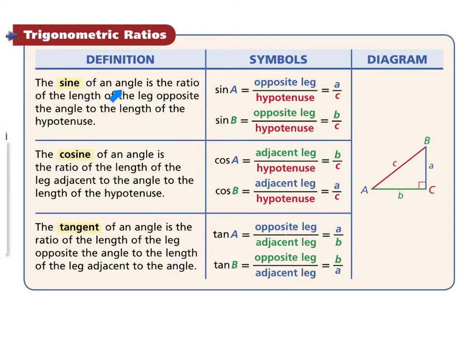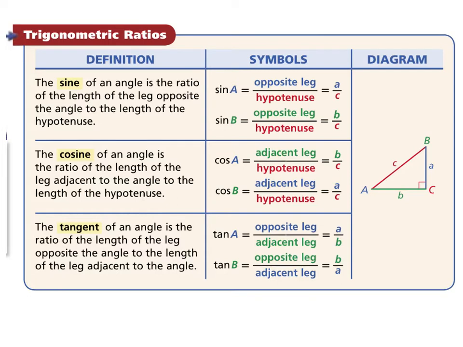The sine of an angle is the ratio of the length of the leg opposite the angle to the length of the hypotenuse. So sine is opposite over hypotenuse. Cosine is the ratio of the length of the leg adjacent to the angle to the length of the hypotenuse.